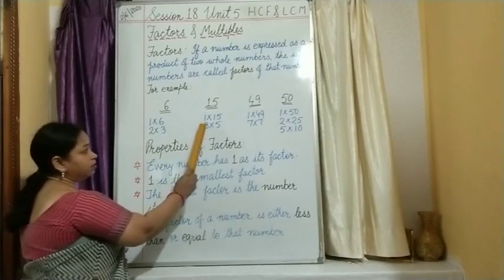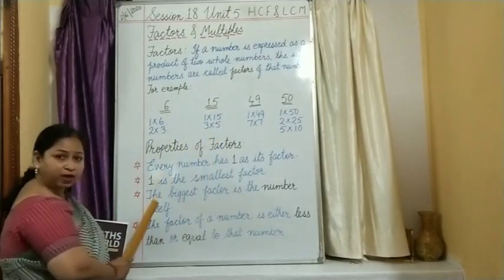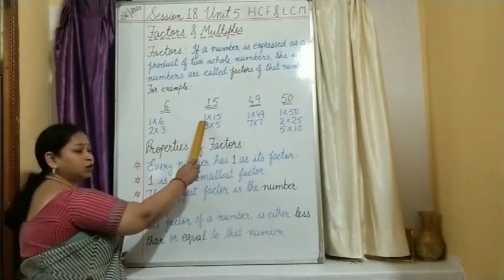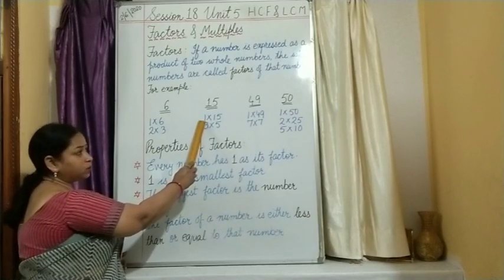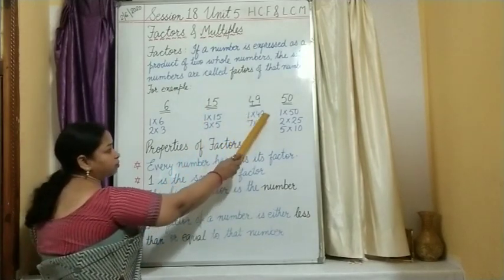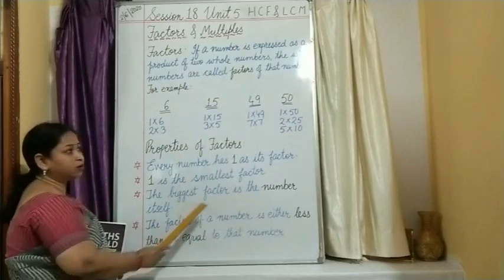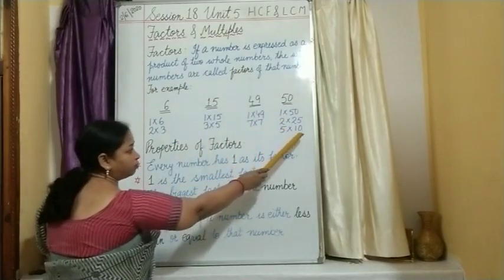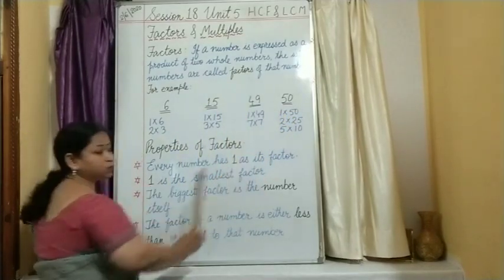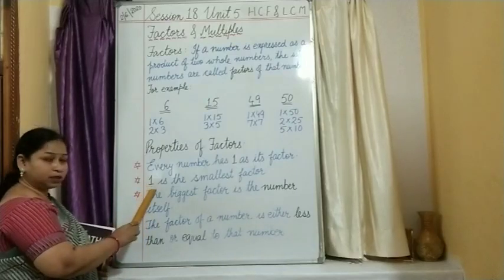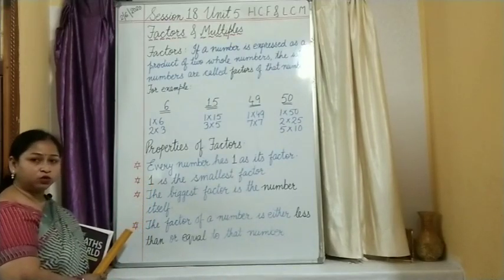Then 1, 3, 5, 15 are the factors of 15. Which one is the smallest? Again you will get the answer 1. 1, 7, 49: 1 is the smallest factor. 1, 2, 5, 10, 25, 50: 1 is the smallest factor. So I think this is clear to you all.